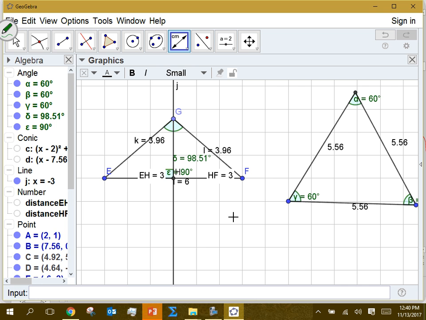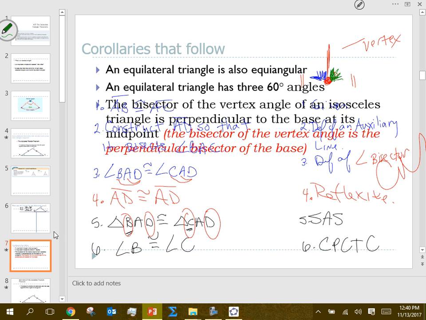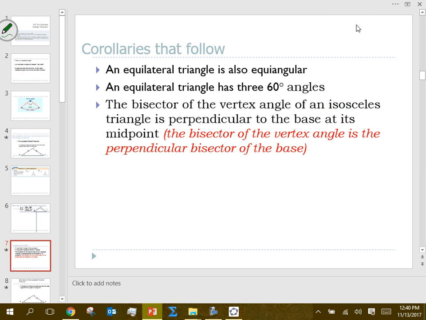And that introduces, we're going to wrap all that up into one phrase. We've got to know some vocabulary to be able to do this. And it's this last bullet. It says the bisector of the vertex angle of an isosceles triangle is always perpendicular to the base at its midpoint. That's what we just walked ourselves through. Most textbooks are going to write it in red.